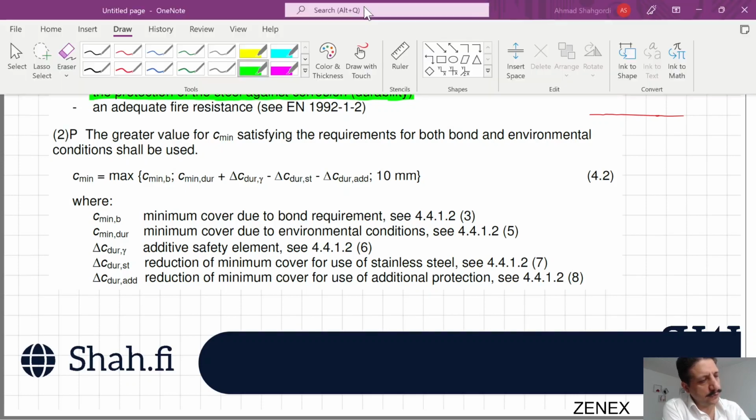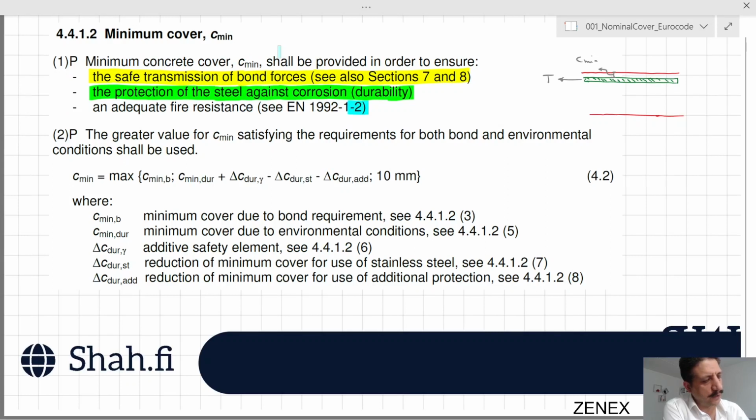And the third one is related to fire safety. If it is a very ordinary structure, perhaps it is fulfilled. But if it is designed for a very long time of fire, then we need to increase the cover, which is not covered in this video.